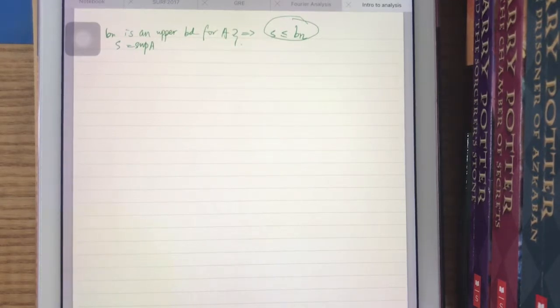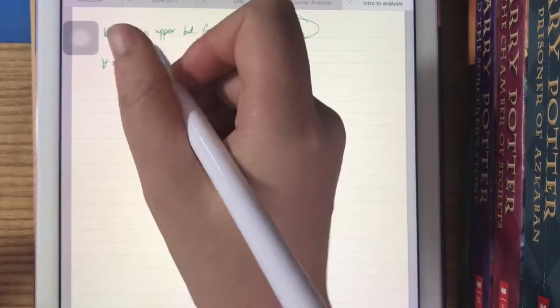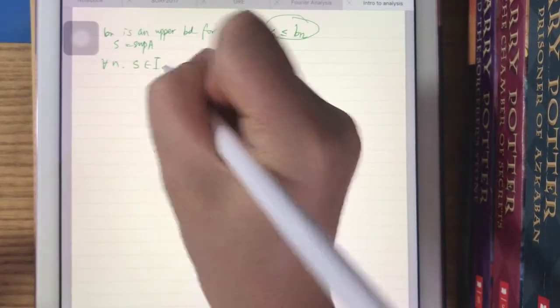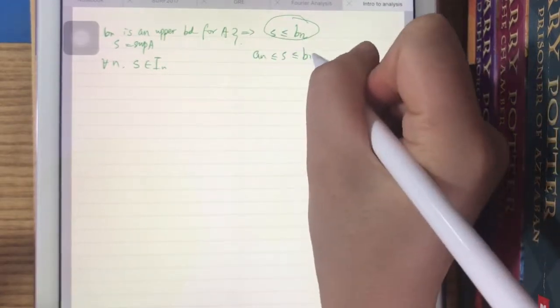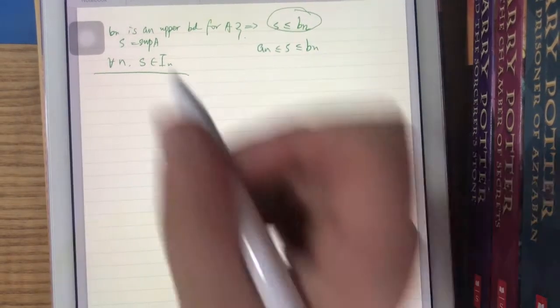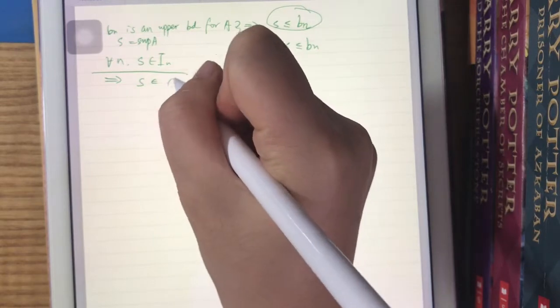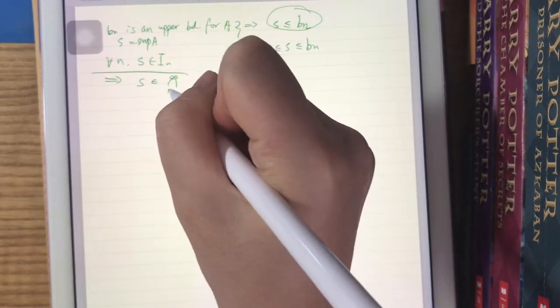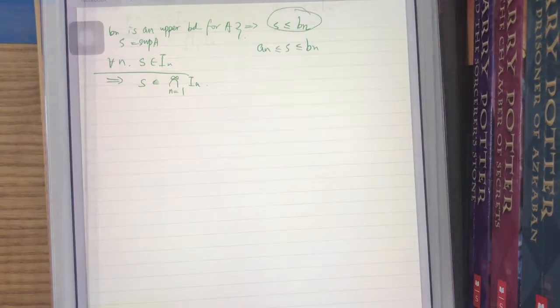So that is to say, for all n, S is contained in In, right? We know S is larger than An and smaller than Bn, so S is contained in In for all n, right? That is to say, S is contained in the intersection of In. Then we've got it.